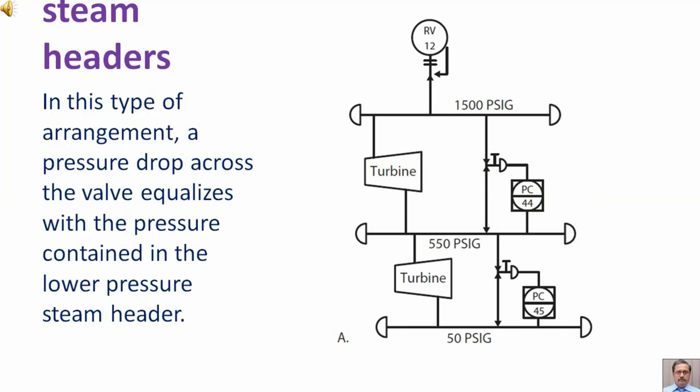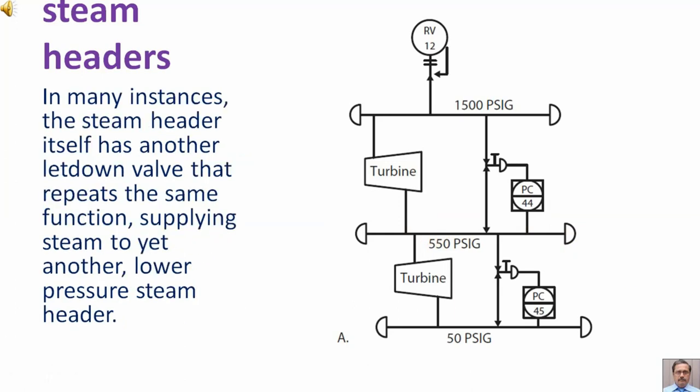In this type of arrangement, a pressure drop across the valve equalizes with the pressure contained in the lower pressure steam header. In many instances, the steam header itself has another let-down valve that repeats the same function, supplying steam to another lower pressure steam header.